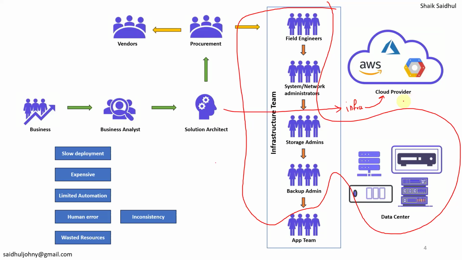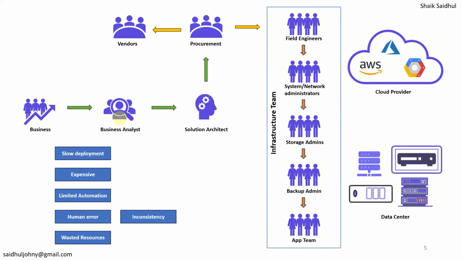So tell me, guys, when you are working in the cloud platform, is the deployment comparatively slower or faster? Yes, it will be faster compared to the on-premises working model.